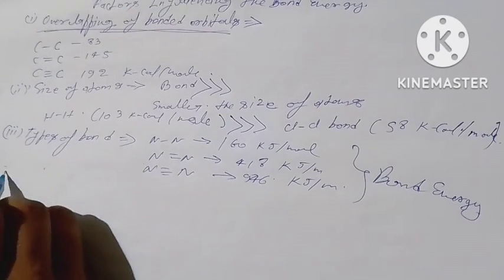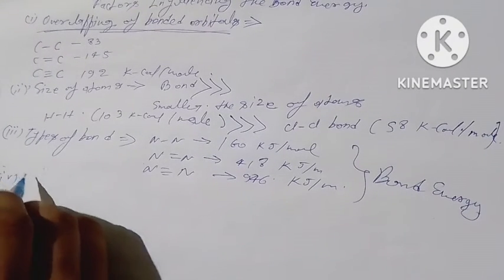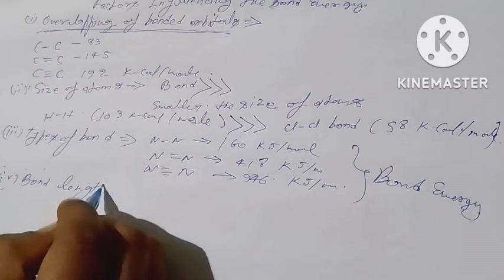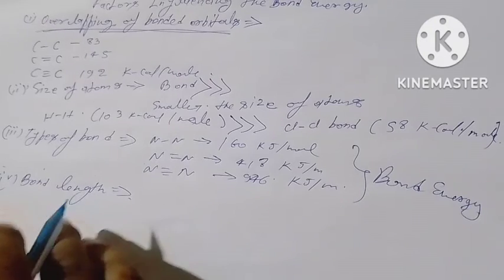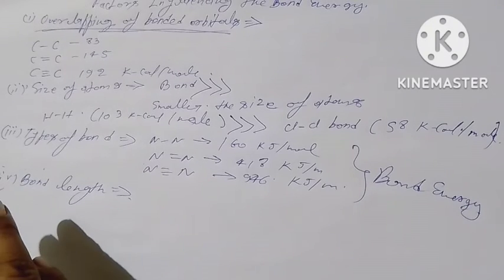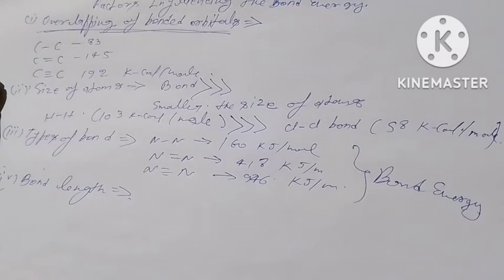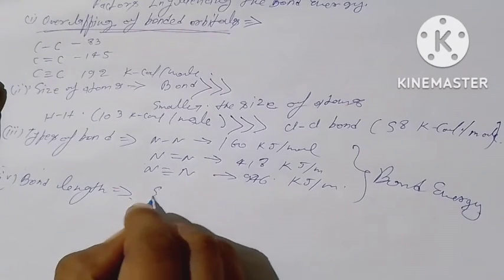This is the bond energy. Okay. Fourth point is bond length. Smaller the bond length, more will be the value of bond energy.